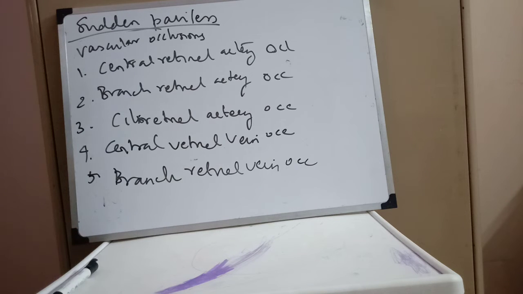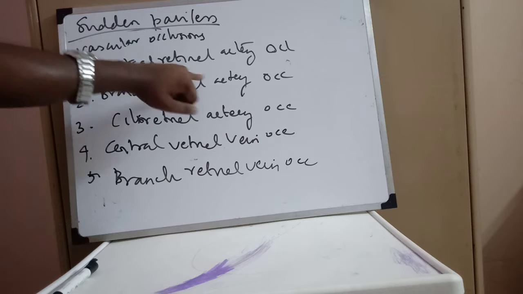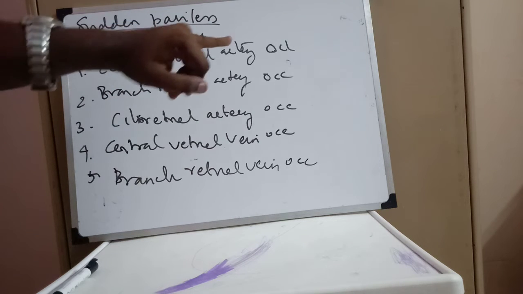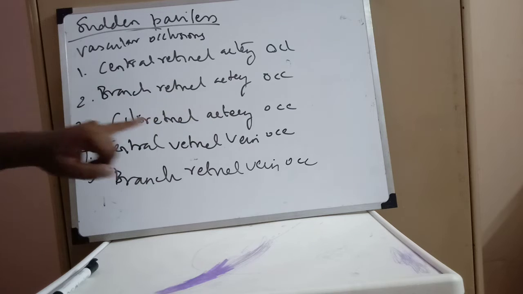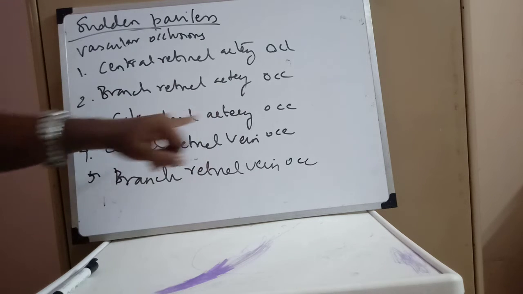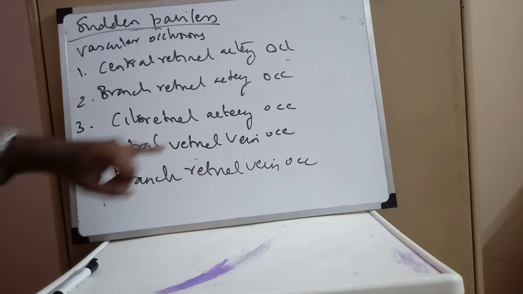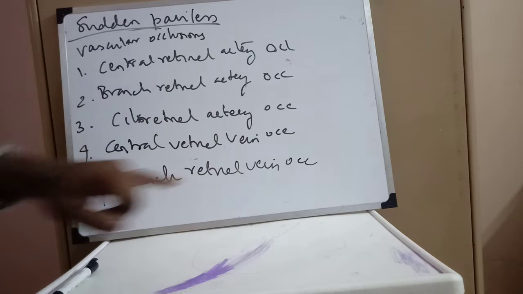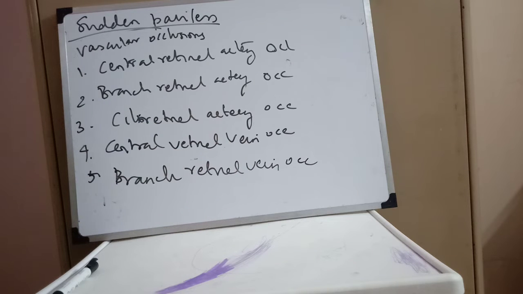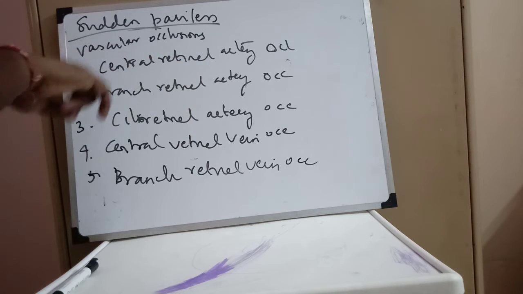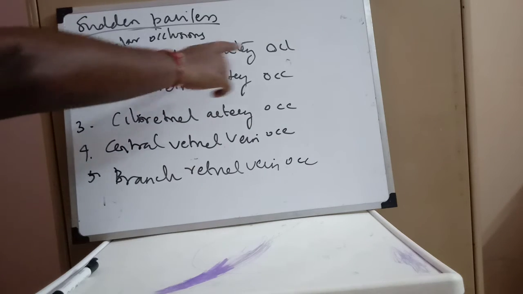I'll repeat it again. You have vascular occlusions, which is CRAO, central retinal artery occlusion; BRAO, branch retinal artery occlusion; cilio-retinal artery occlusion; CRVO, central retinal vein occlusion; BRVO, branch retinal vein occlusion. An important point to note here is that sometimes the cilio-retinal artery may be present and not occluded in the presence of central retinal artery occlusion.